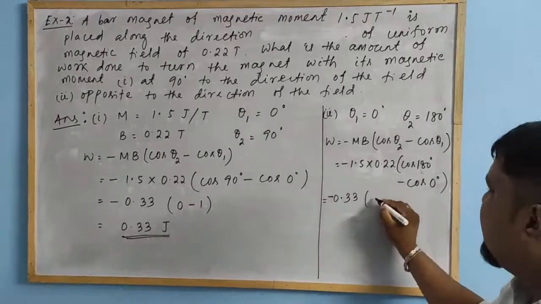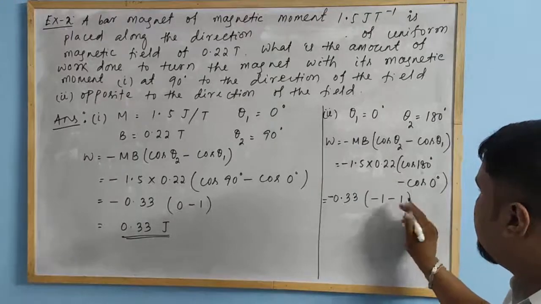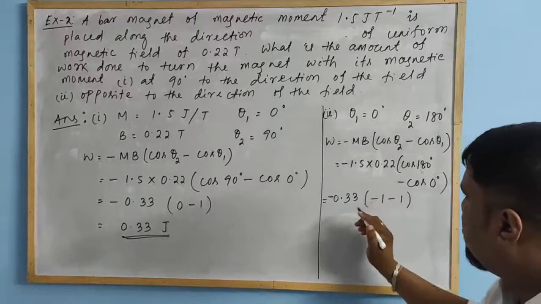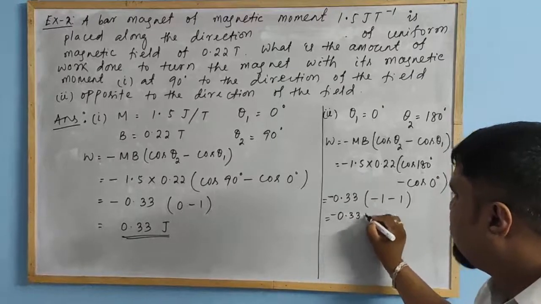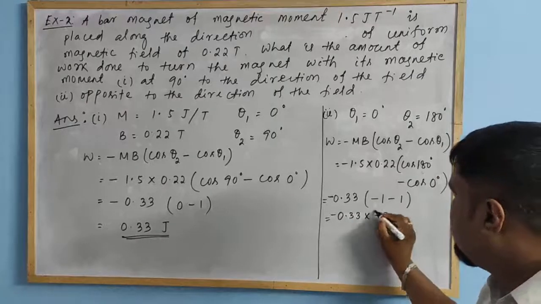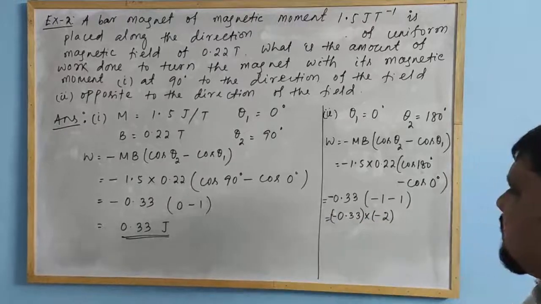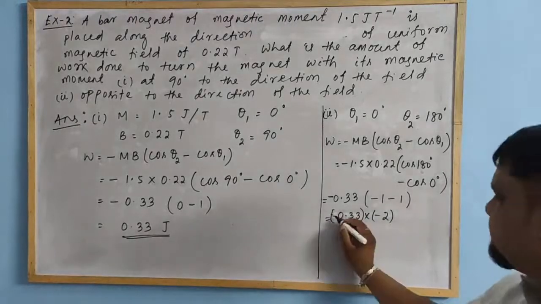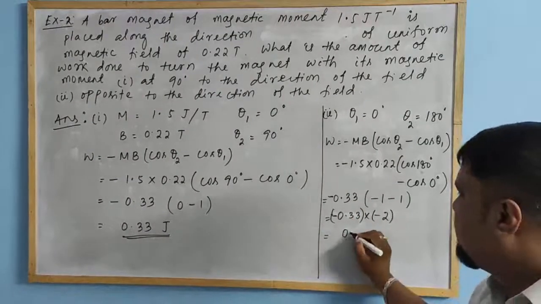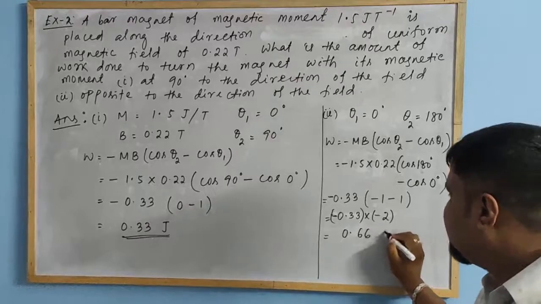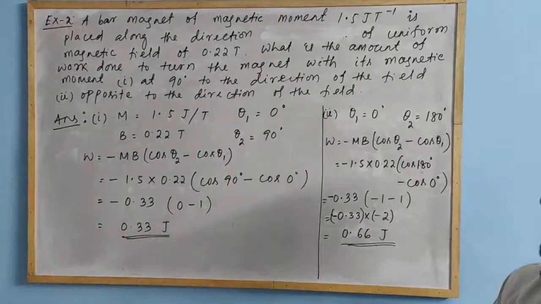What is cos 180? Minus 1. Minus cos 0 is minus 1. Minus 1 minus 1 is minus 2. So minus 0.33 into minus 2. So this is equal to 2 times this one, 0.66 joule. This is the answer for the second one.